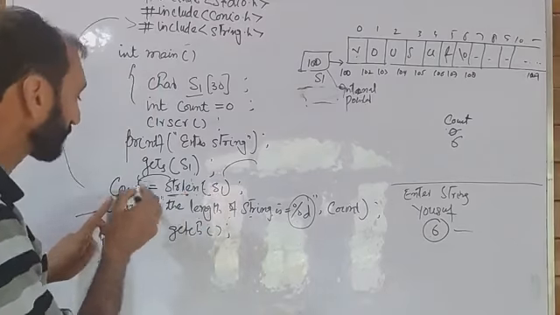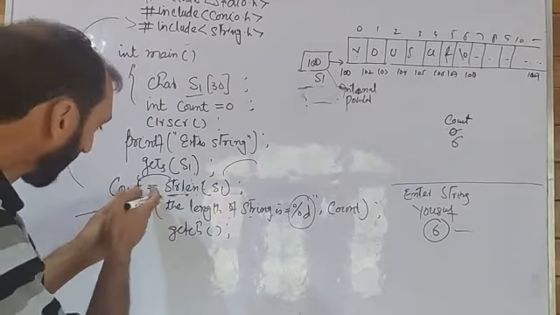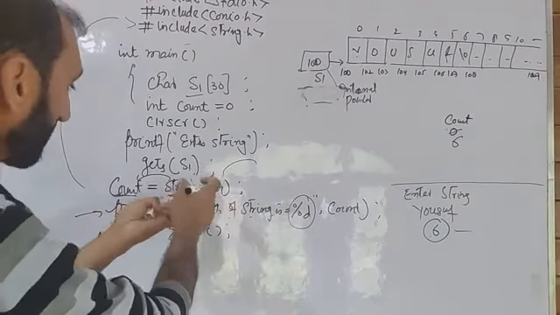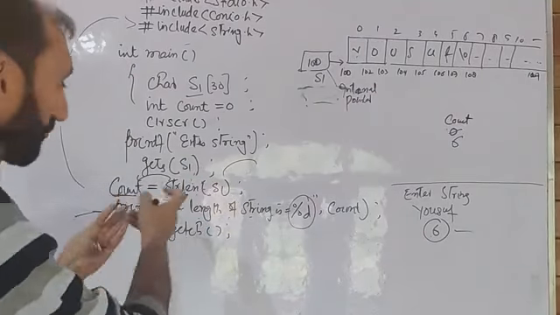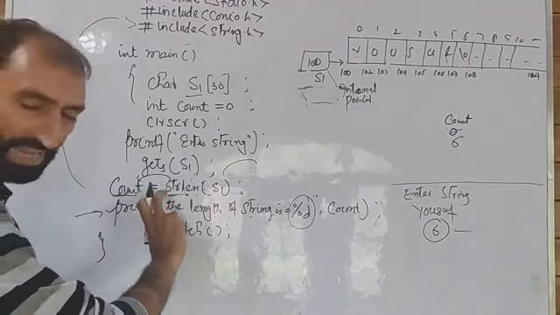That 6 will get stored in the variable count. The assignment operator takes the value on the right hand side and stores it in the variable on the left hand side.